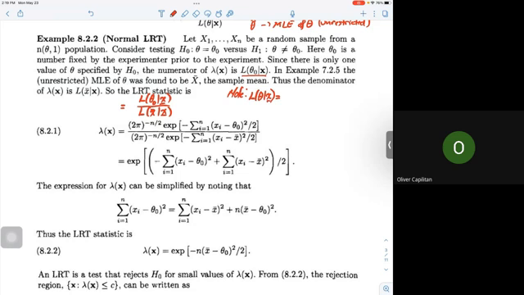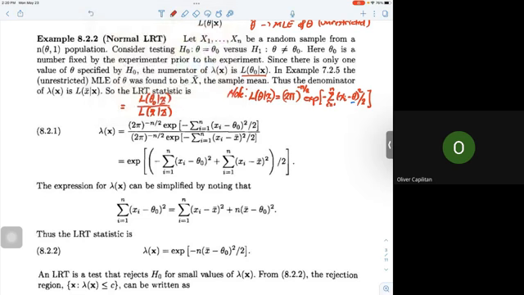This is equal to 2 pi raised to negative n over 2, since our variance is 1, times the exponential function of the negative summation i from 1 up to n of (x sub i minus theta) squared over 2. So we just replace theta by theta sub 0 in the numerator and replace theta by x bar in the denominator.